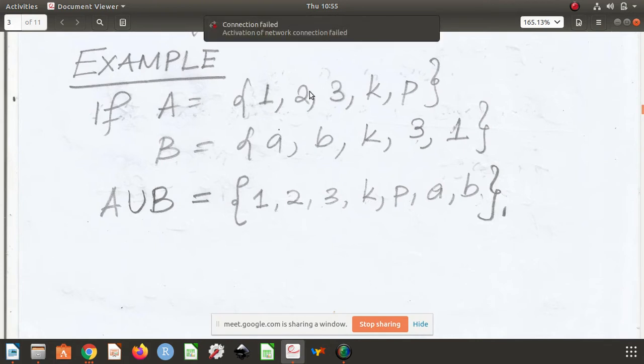And once you have listed the ones that appear in both, the ones that appear, for instance, a appears only in B, so we add those as well. b appears only in B, so we add those as well. p also appears only in A, and we put it here. Anything that appears twice is listed only once in the union, and this gives you the union of A and B.